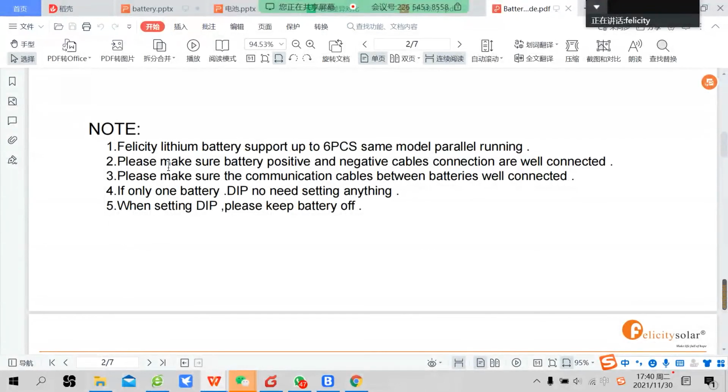Make sure the battery positive and negative cables are well connected, and please make sure the communication cable between batteries is well connected. If only one battery, no need to set anything. When setting the DIP, please keep the battery off. Because the BMS only recognizes the DIP status when you turn on. After that, it will not scan again.